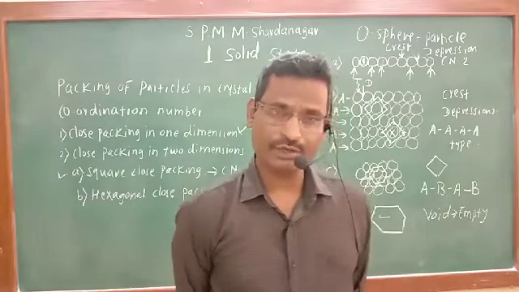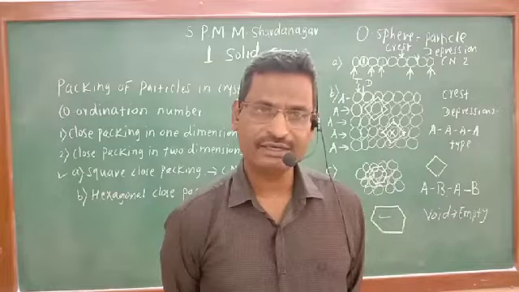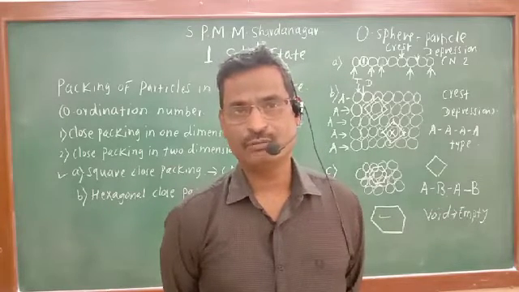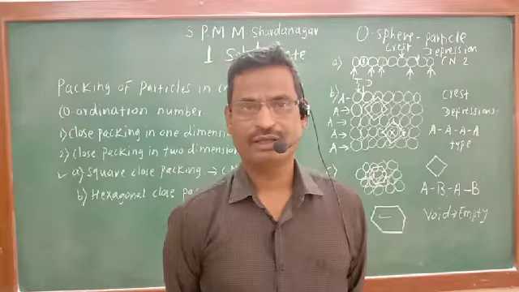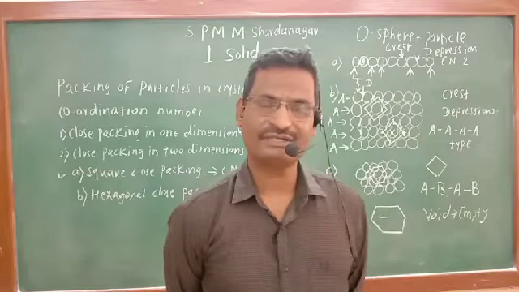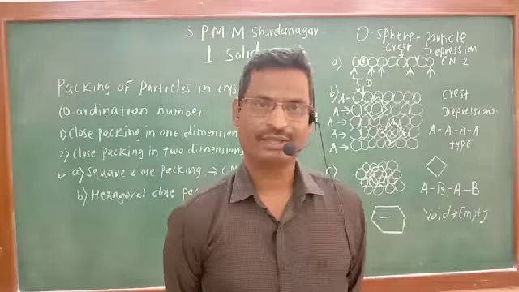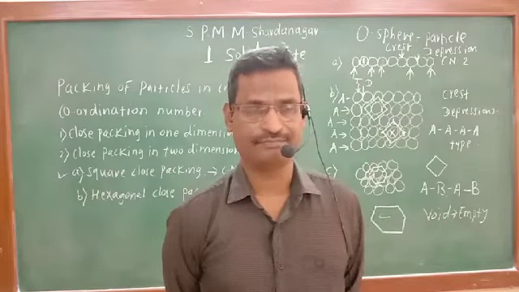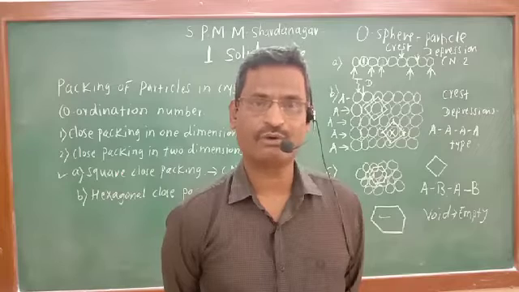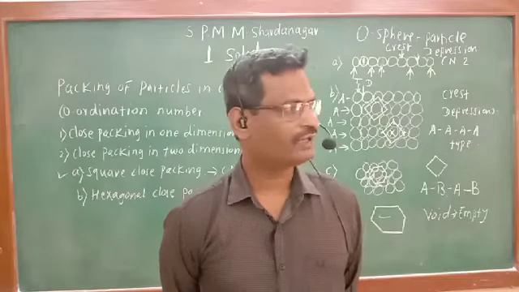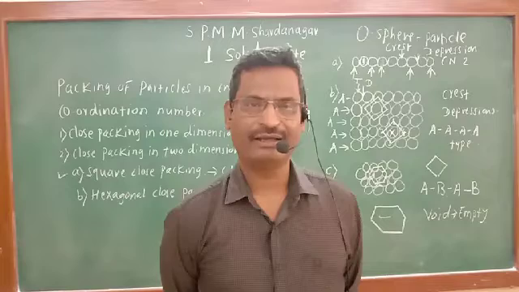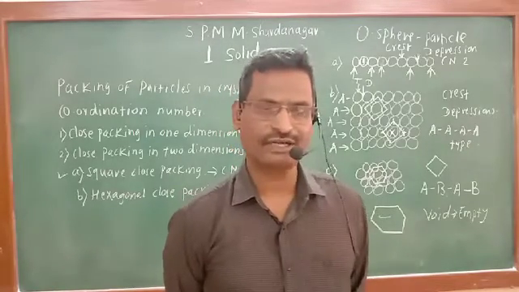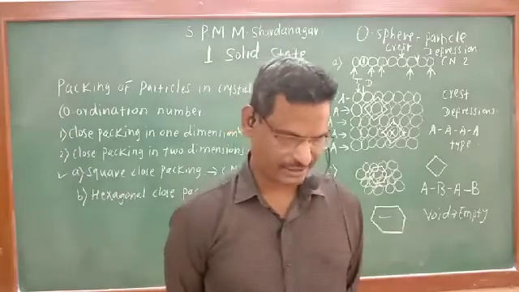Small a cube, where a is edge length, and for cube we know all the 3 sides are of same length. Length, height, width are same. Therefore a cube is nothing but the volume of unit cell, and capital N A is nothing but the Avogadro's number. That expression we have studied in detail in the last lecture.